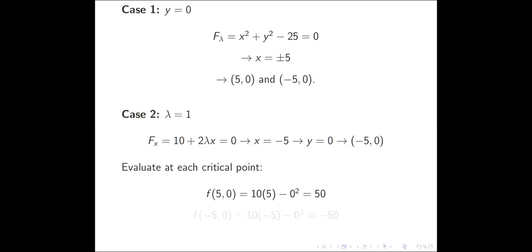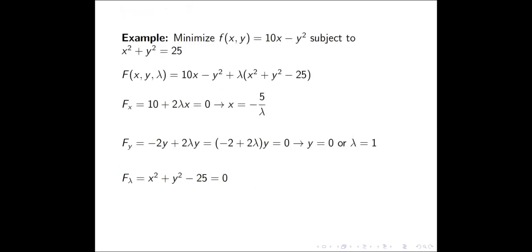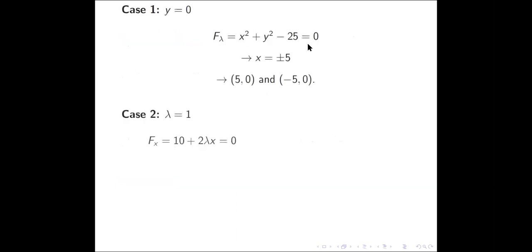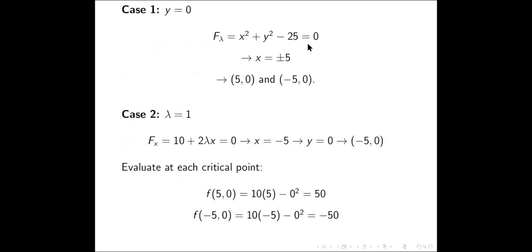So evaluating at each, we have the following results. At 5, 0, it's 50. Here I plugged into f of x, y, not capital F. So this is what you want to minimize. So that's where you plug in. Doing so gives us, again, 50 and negative 50 for 5, 0 and negative 5, 0 respectively.